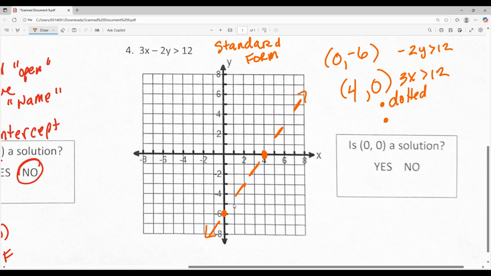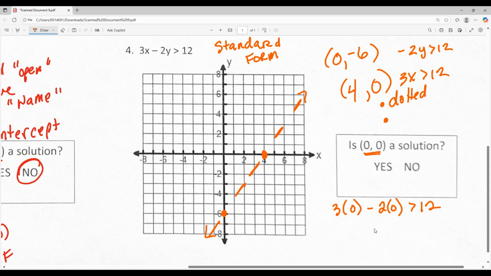So there are 2 ways that we can go about this. One way is we can do our test point. So we can plug in 0, 0, especially with it being in standard form. So if I plug in 3 times 0 minus 2 times 0 greater than 12. 3 times 0 is 0.